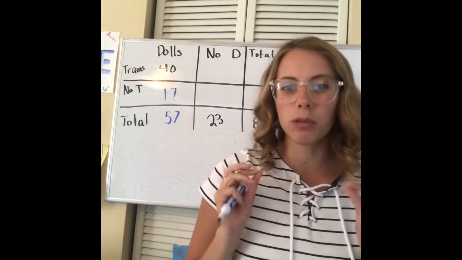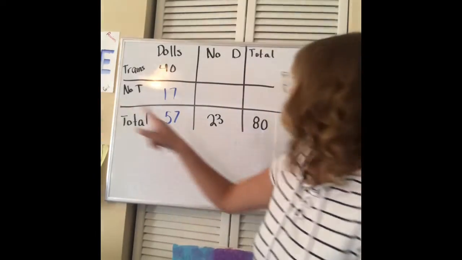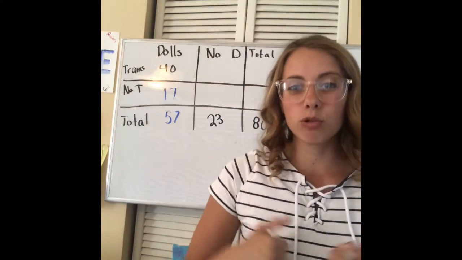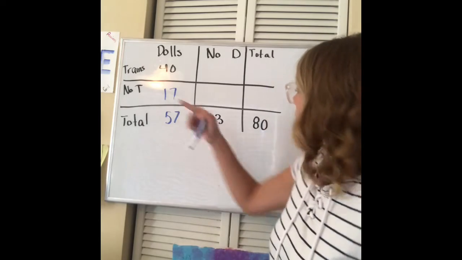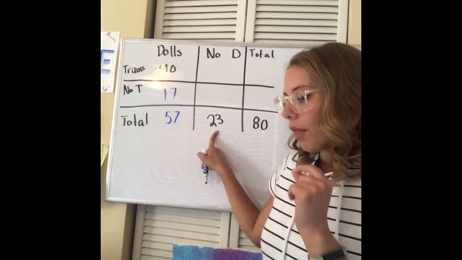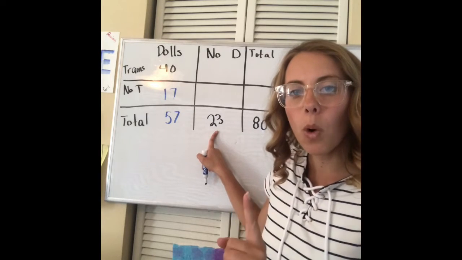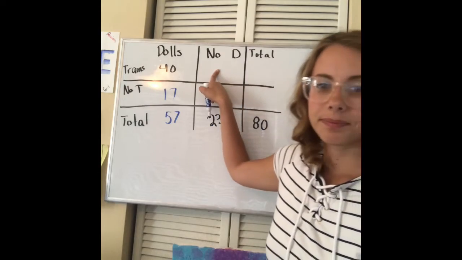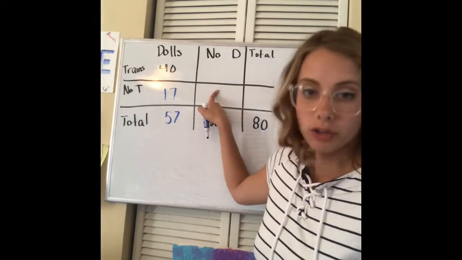Of the kids who don't like dolls, so there are 23 kids who don't like dolls, 30% more kids like trains than students who don't like trains.